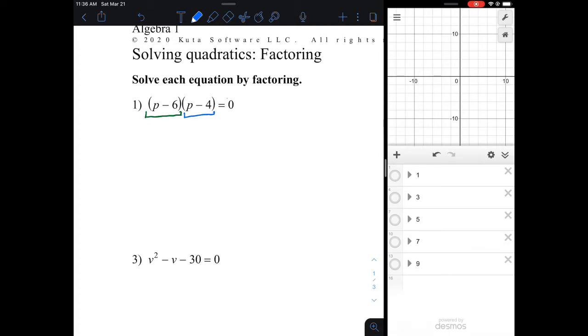What that tells me is that either one of those expressions, when I'm solving for a letter for p, if I make either one of them equal 0, then the entire equation becomes 0, because 0 times another number makes 0. So one option to solve here would be p minus 4 produces a value of 0, and I'd add the 4 to the other side, and I get p equals 4. So if I put in 4 for p, I get 0.